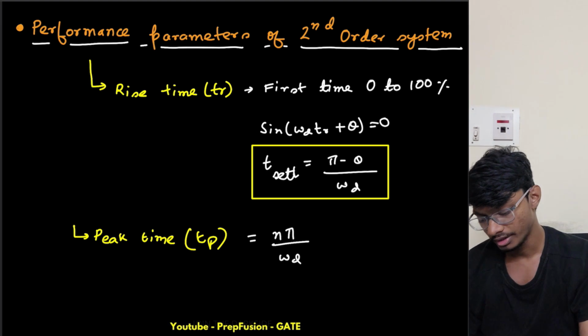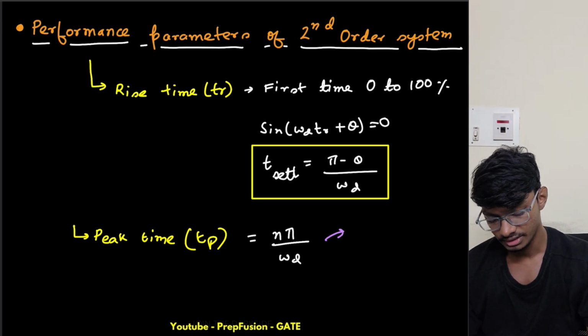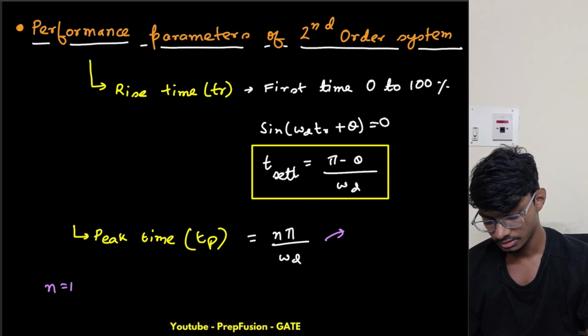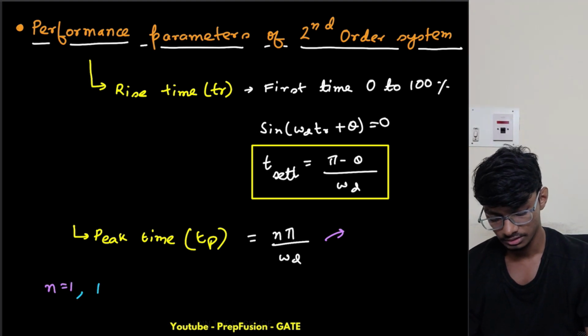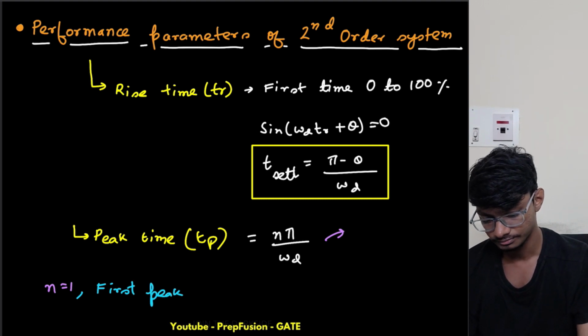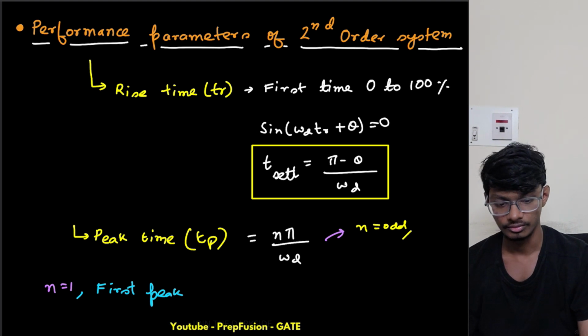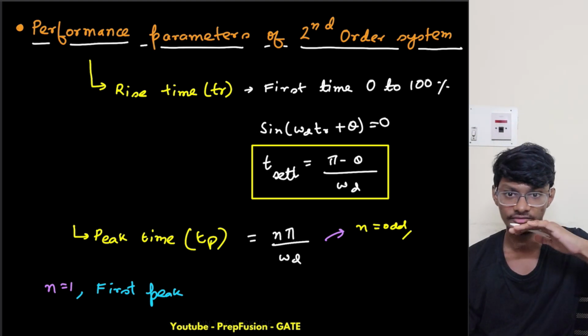Now there are two cases, when my n is odd or even. First of all, n equals 1 is the first peak. That is very important, and in 99% of the cases they will ask for the first peak. Now if my n is odd, then I will get overshoot, which is above my steady state value.